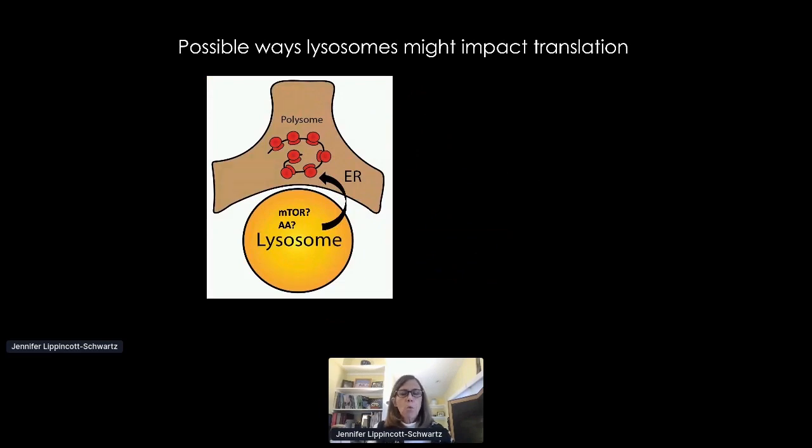So why might that be the case? Well, we know that lysosomes release amino acids. They also have mTOR associated with them, which can regulate translation. And they also can release protons, which might facilitate this process.